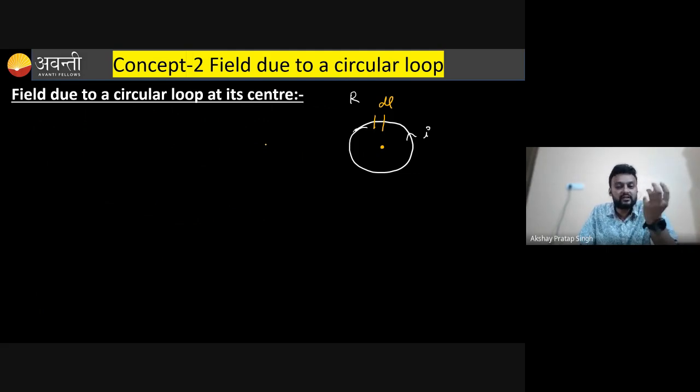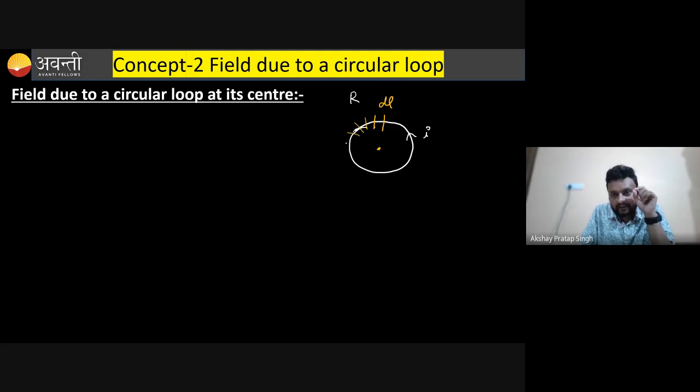What is the process that I am going to follow here? You should follow the same thinking. I will calculate the field at the center due to this small element. After that, we will take another element of this DL.